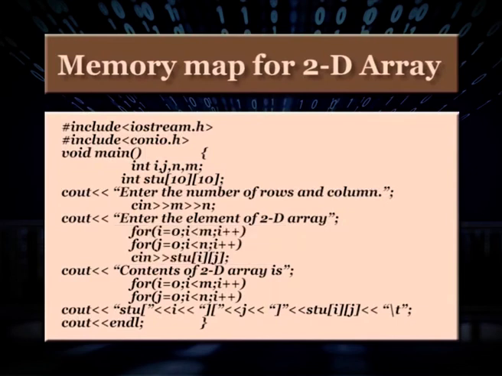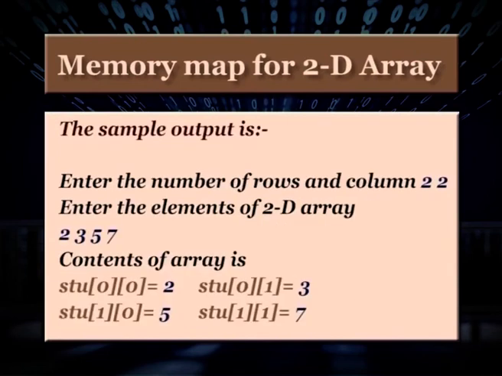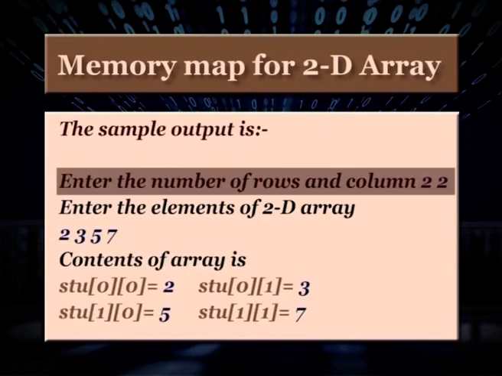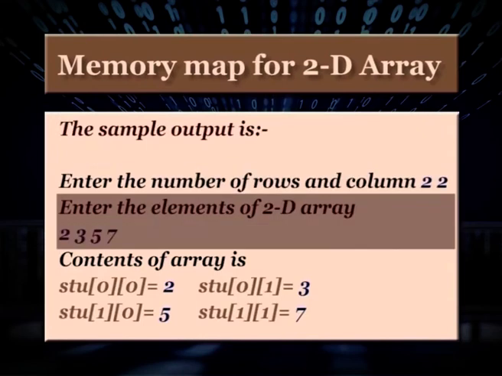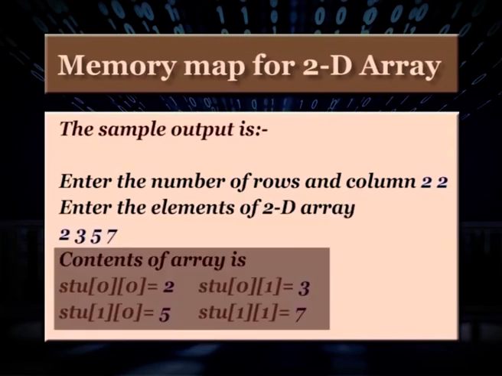Similarly, elements are printed in nested loops. The first loop corresponds to row and the second corresponds to column. Thus, if the number of rows and columns are 2 and the elements are 2, 3, 5 and 7, then the contents of the array are as shown.